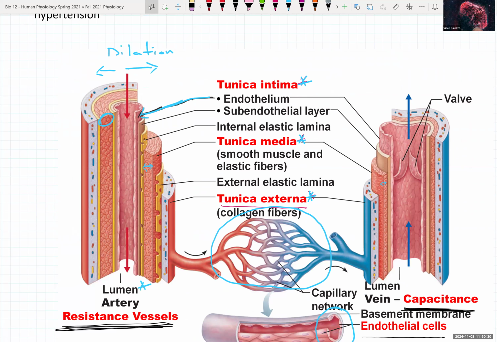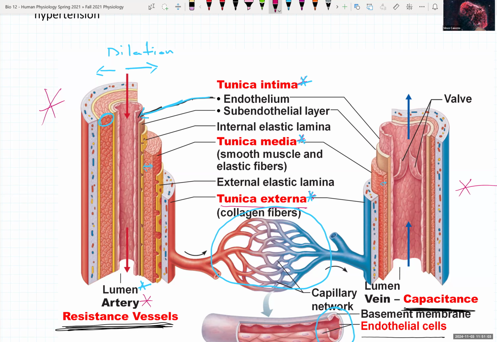To your left, over here, you can see a representation of an artery shown down here at the bottom. We're going to begin to refer to arteries as resistance vessels. Over to the far right, you can see a representation of a vein, and we're going to refer to veins as capacitance vessels.